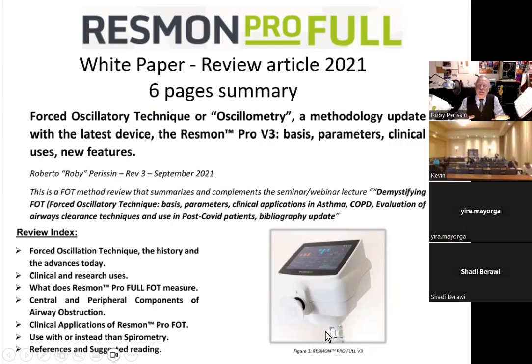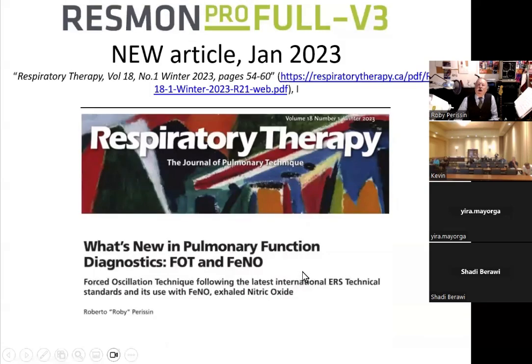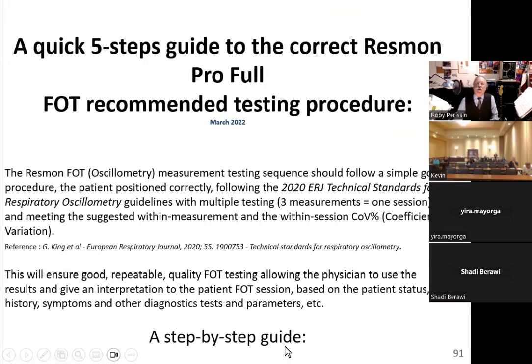I ask you, please, and I will send you this with the package, 15 minutes to read it, because it's the best cliff notes or cheat sheet that you can get, with plenty of references that I got the text from, and it's really a good summary of the advantages and of the technique, including using it with exhaled nitric oxide, which is a potent biomarker of eosinophilic inflammation that, together with a biomarker of obstruction, allows you to look at asthmatic patients prematurely.